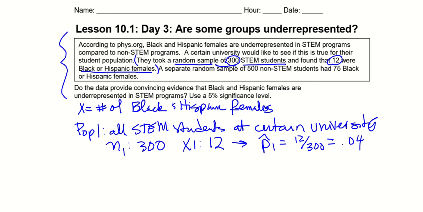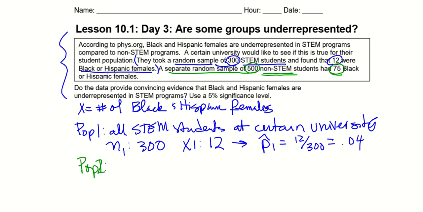So as we read on, we now have a separate random sample of 500 non-STEM students that had 75 Black or Hispanic females. So now we have a second population, that's key.